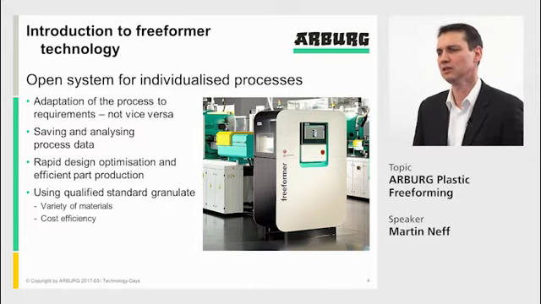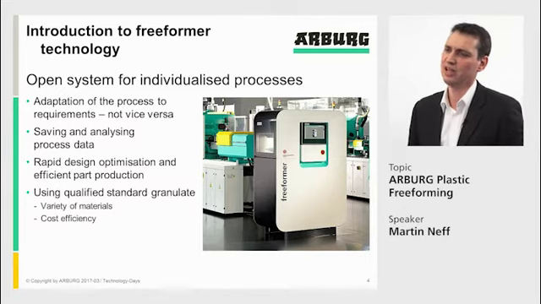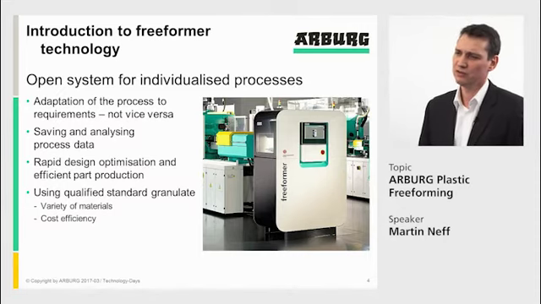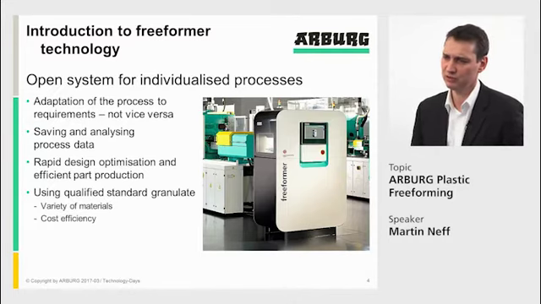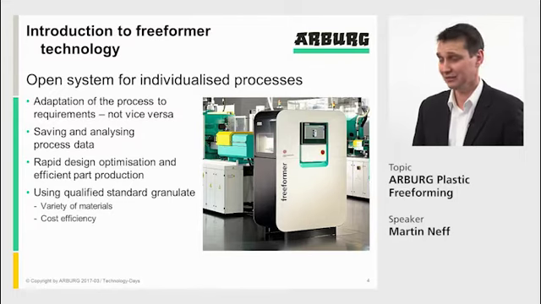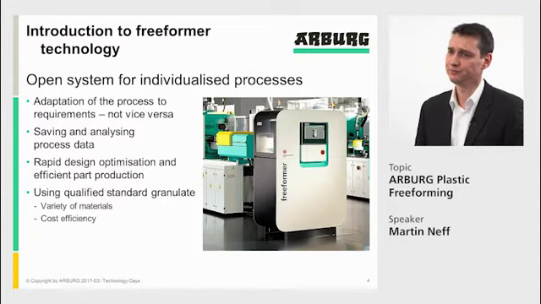We will later see an example of how we did that. And very important, again, using qualified standard resin. So a high variety of materials is possible and available, and that gives us a cost efficiency which is not comparable to other systems.